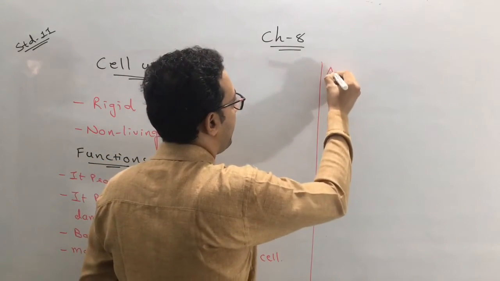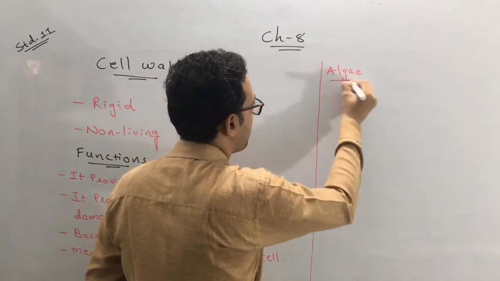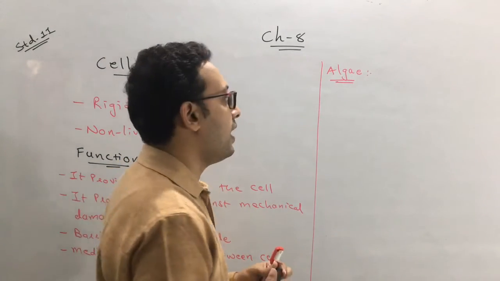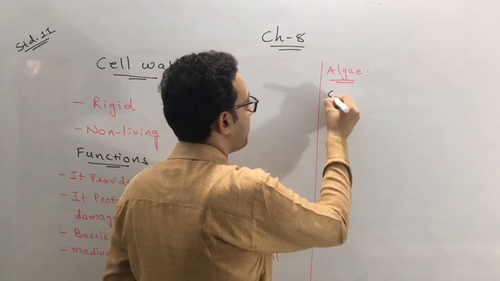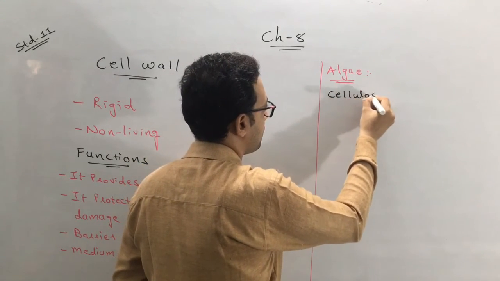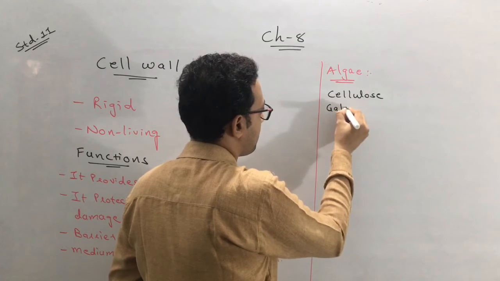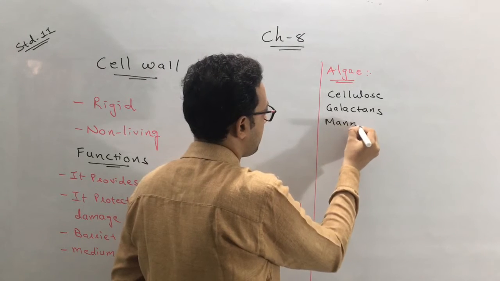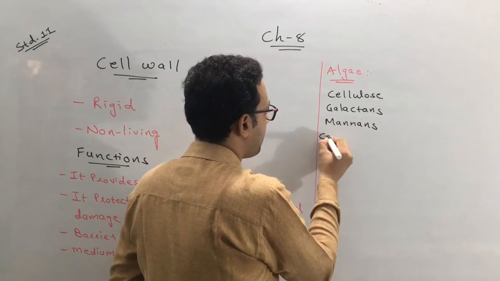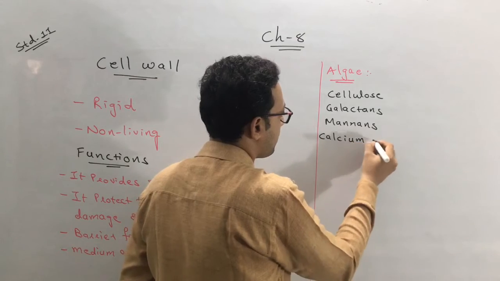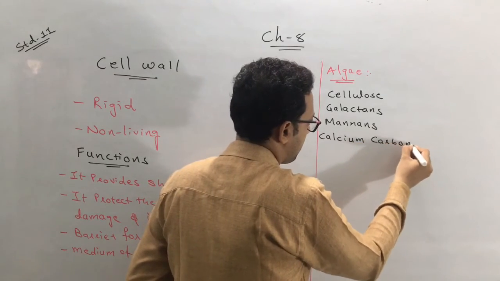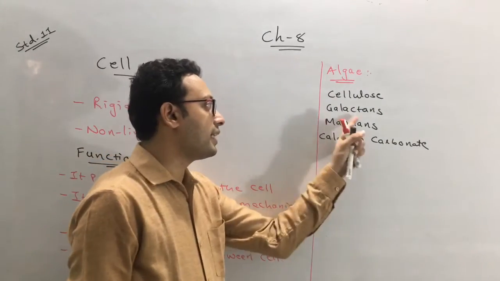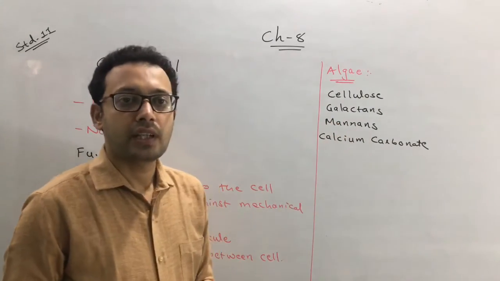If you talk about the cell wall of algae, it is made up of cellulose, galactans, mannans, and minerals like calcium carbonate.